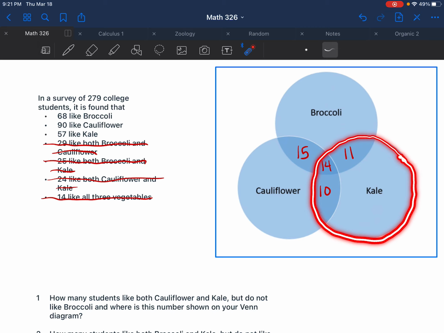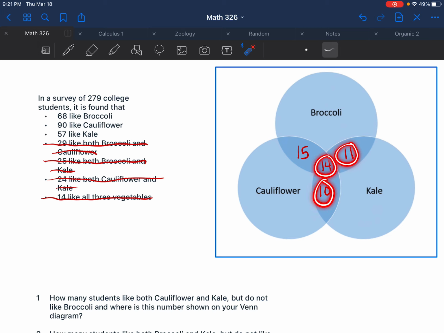They might like some other things too, but they at least like kale. So we have the 11, the 14, and the 10 people already accounted for. So we have to subtract 11 plus 14 plus 10 from 57 to get the remaining people that like kale only. They all like kale, but some people also like broccoli, some people also like cauliflower, some people like all three.